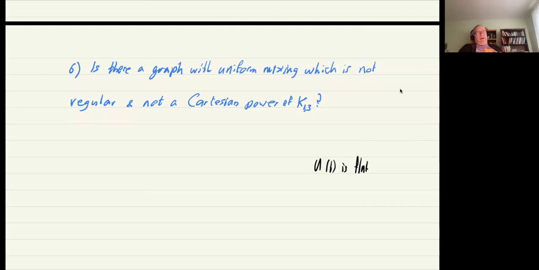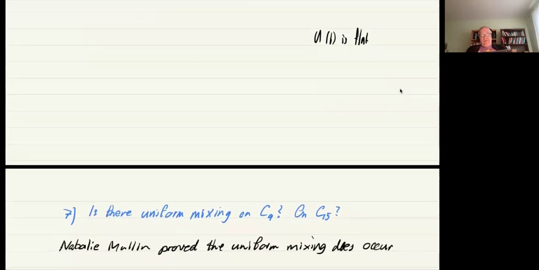I mean, it's a very natural question. Originally we were hoping that if you had uniform mixing, the graph was regular. And then it took us quite a while, and eventually Harmony pointed out to us that K_{1,3} has uniform mixing and it's not regular. Well, there could be others we don't know.